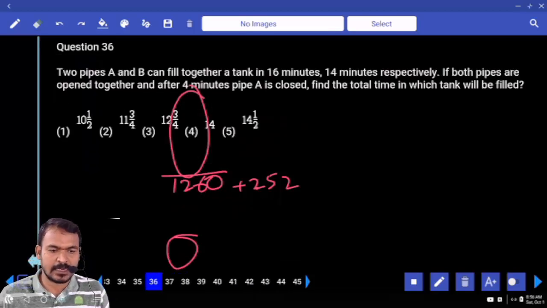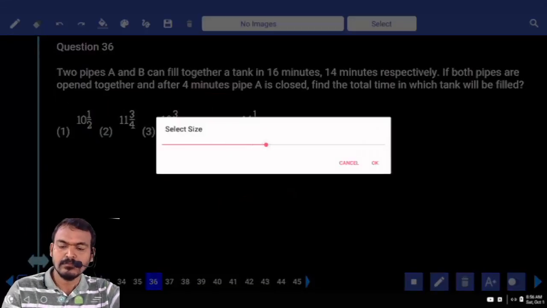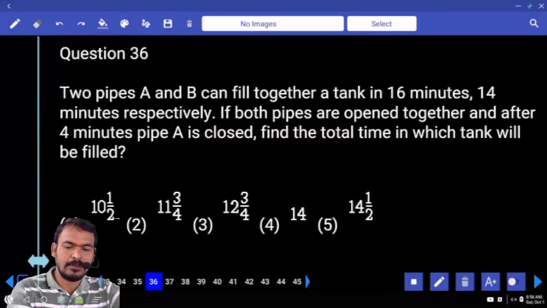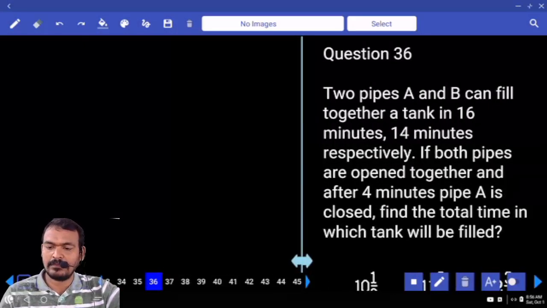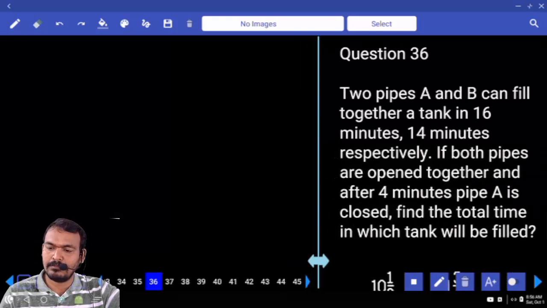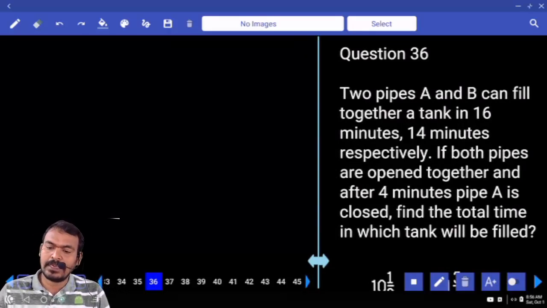Next, question number 36. 2 pipes A and B can fill a tank in 16 minutes and 14 minutes respectively.